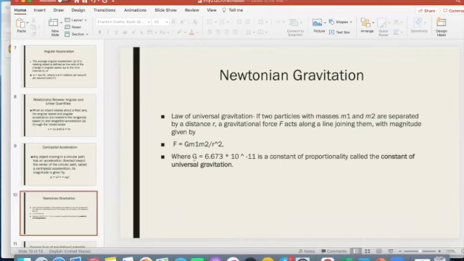So here you have the universal gravitational constant, big G. Big G and small g are different. Small g is gravity, the 9.8 meters per second squared. Big G is the universal gravitational constant, which is 6.673 times 10 to the minus 11.